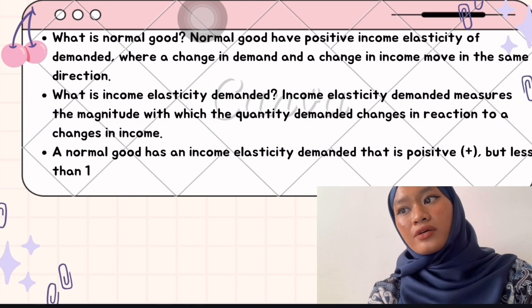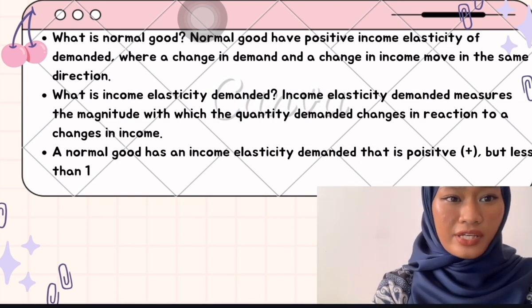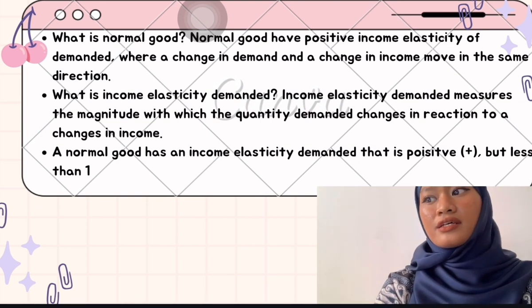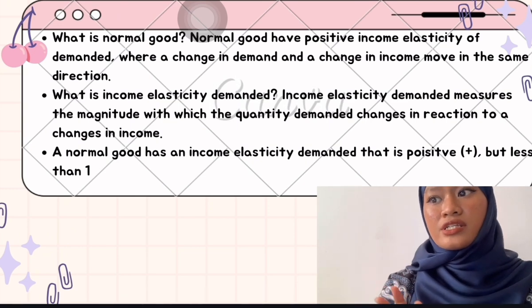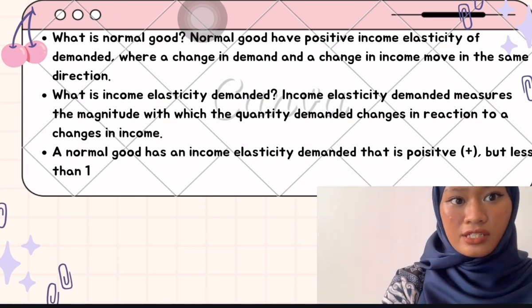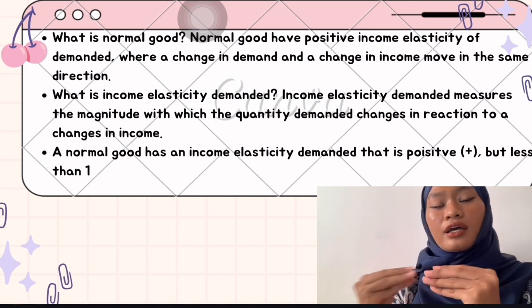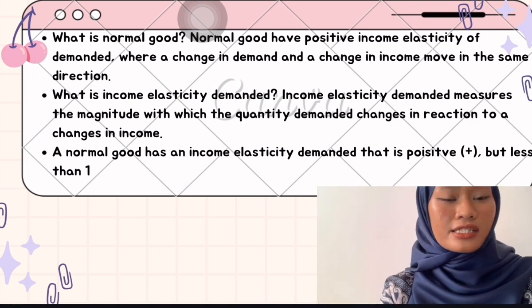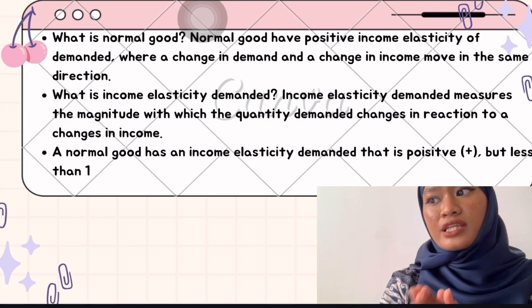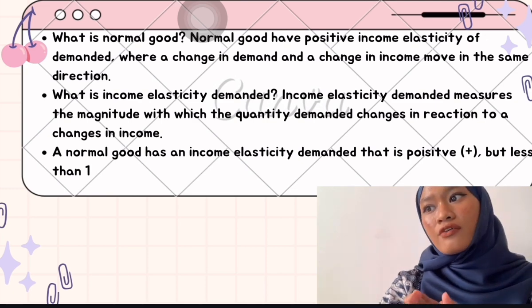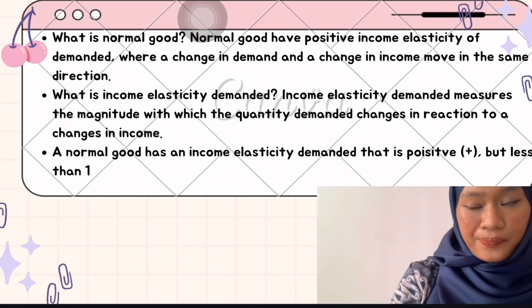So what is a normal good? Normal goods have a positive income elasticity of demand, where a change in demand and change in income move in the same direction. If you can see in the graph, the change in demand and the change in income move in the same direction.